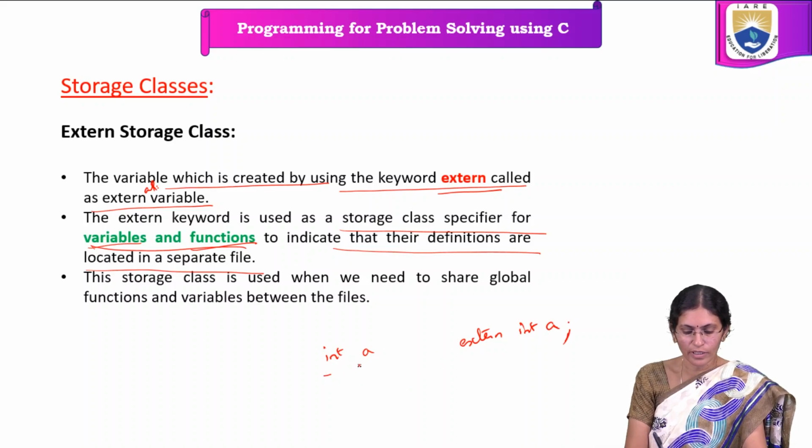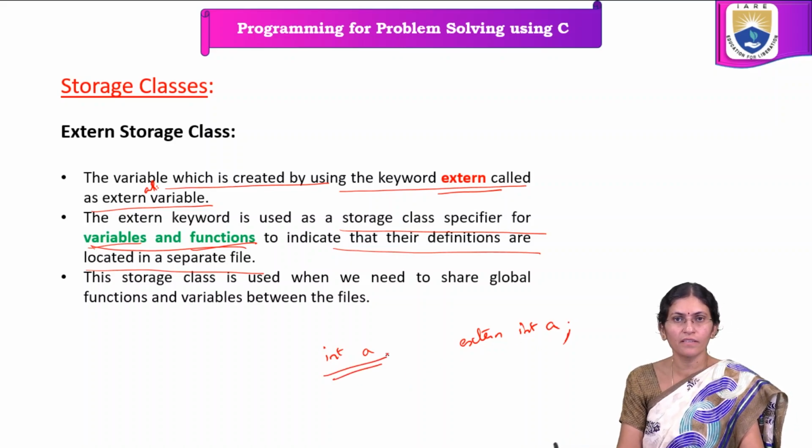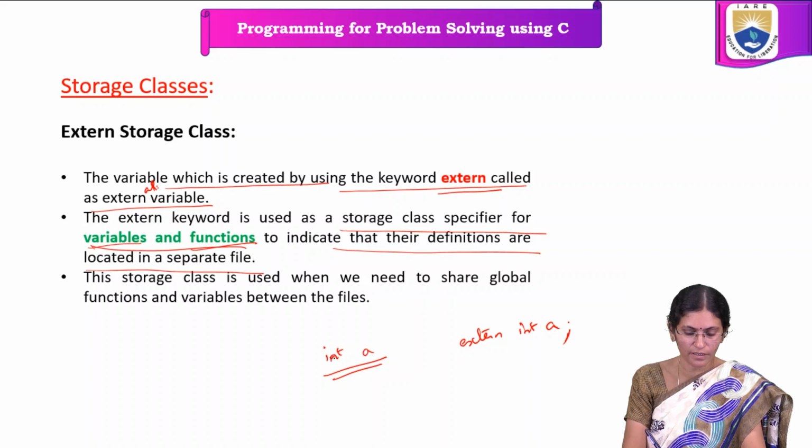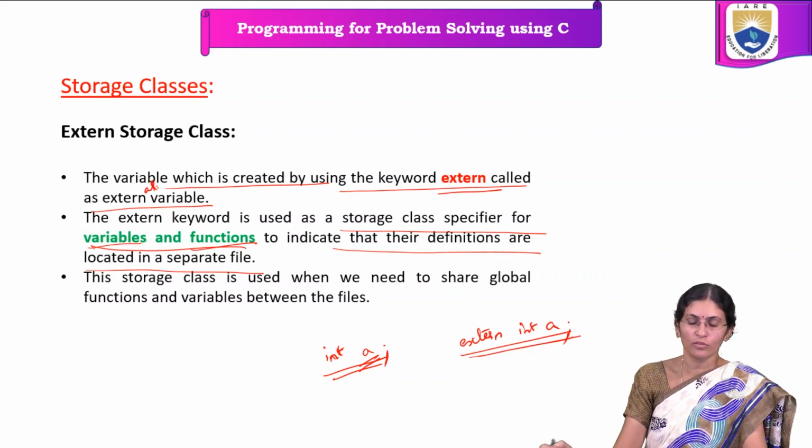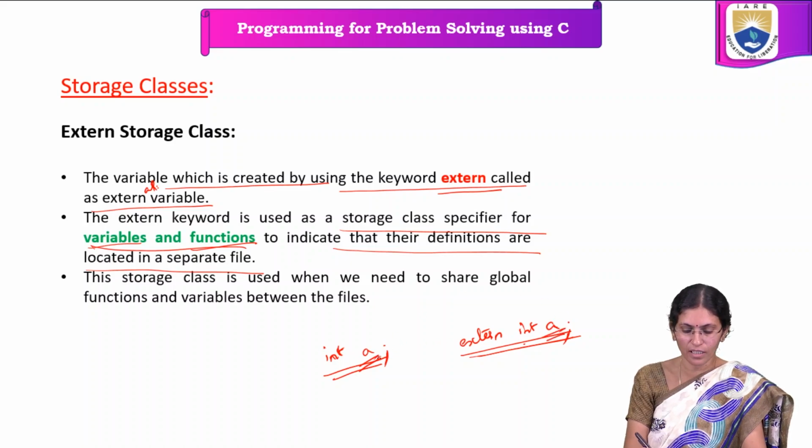When the compiler sees int a, a variable declaration, the compiler will allocate memory for this variable and it will store integer type data. But whenever the compiler sees the declaration extern int a, the compiler will not allocate memory for this variable, because this variable has already been defined in another file.